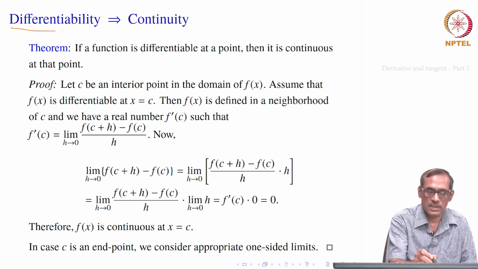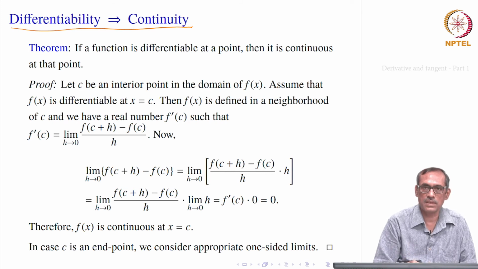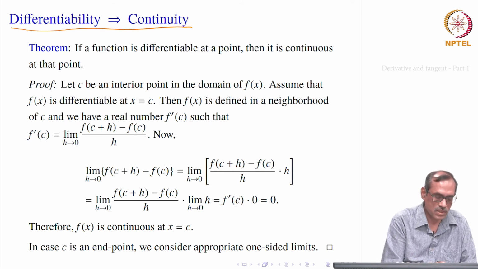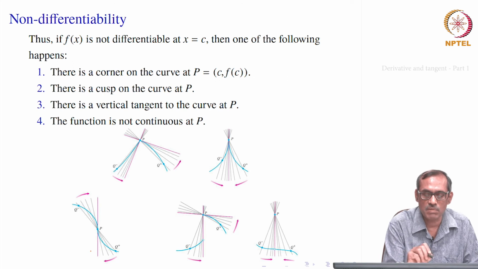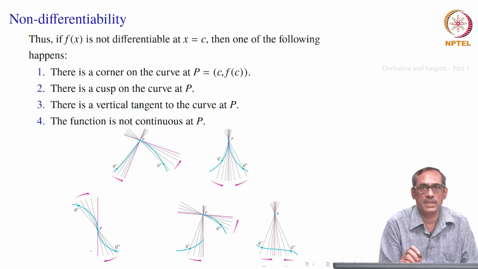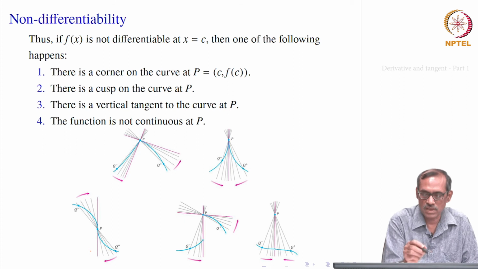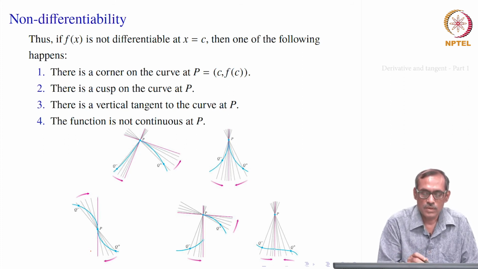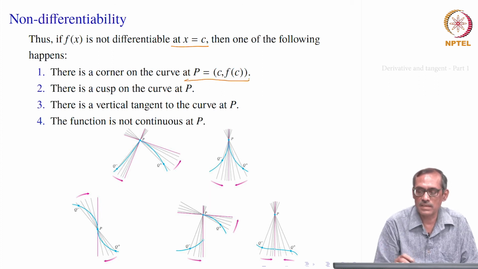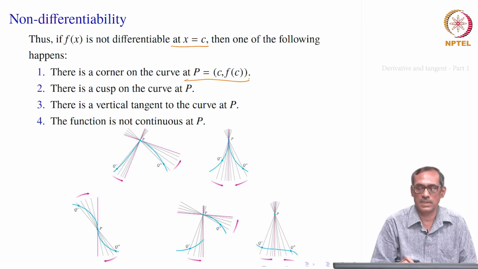So, all that we see is that differentiability at a point implies continuity at a point. Now, if you take stock, we have this one going along with the tangent. So, when you say something is not differentiable, it can happen from the tangent side if you see geometrically, and also this condition that it is not continuous also helps. So, these are the cases when a function is not differentiable at x equal to c. What happens? There will be a corner on the curve at that point c, f of c.